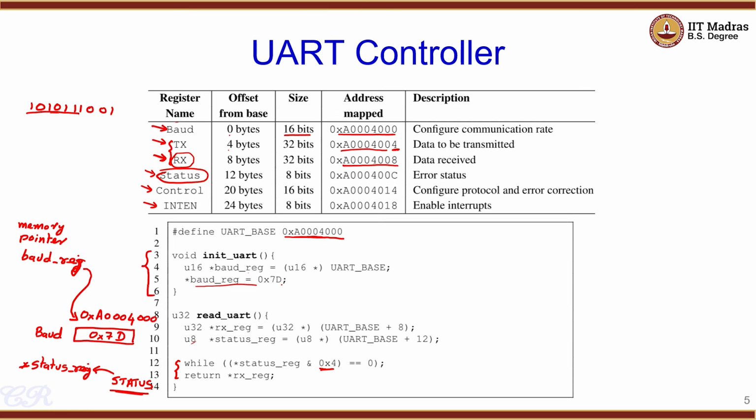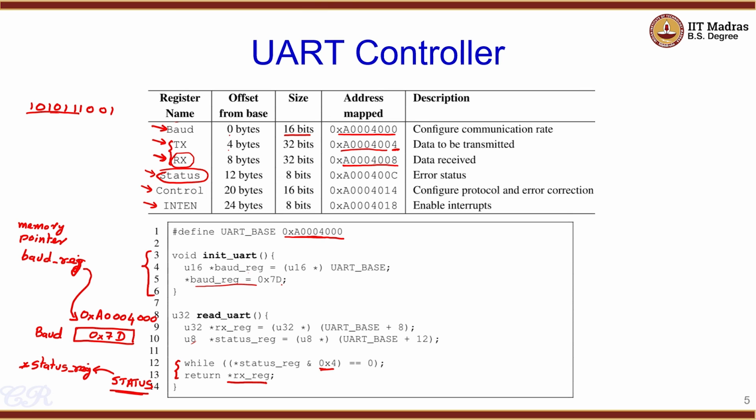Therefore, by polling this particular bit in the status register, one can indicate if there is some new data that has been received or not. If some data has been received, then we do a *rx_reg, which is essentially reading the Rx register. The received data is read with this command *rx_reg and returned by the function.